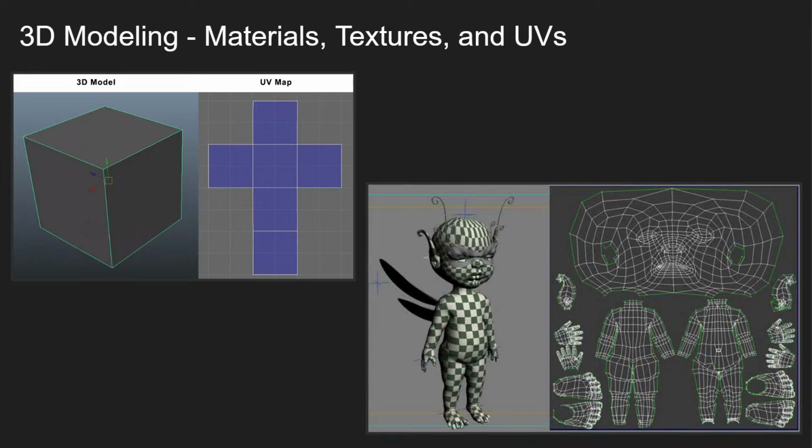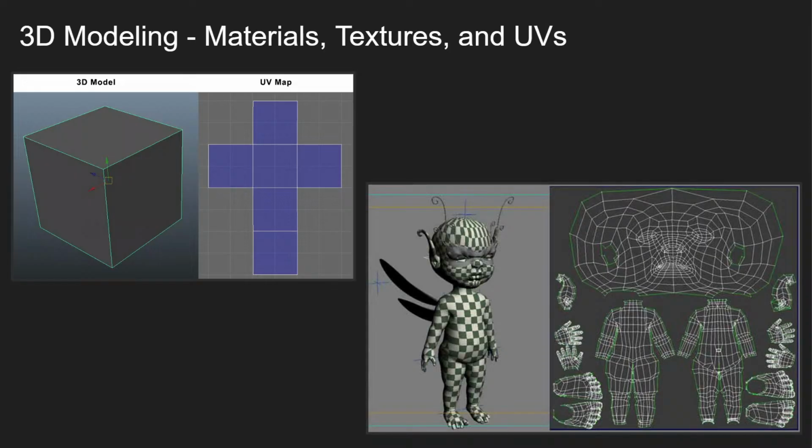In order for that to work and for things to appear in the place that you want them, there's something called a UV map. For example, you can imagine a 6-sided die, like this cube here. If you were to unwrap it so that it's flat, you would get a pattern like this: 1, 2, 3, 4, 5, 6.